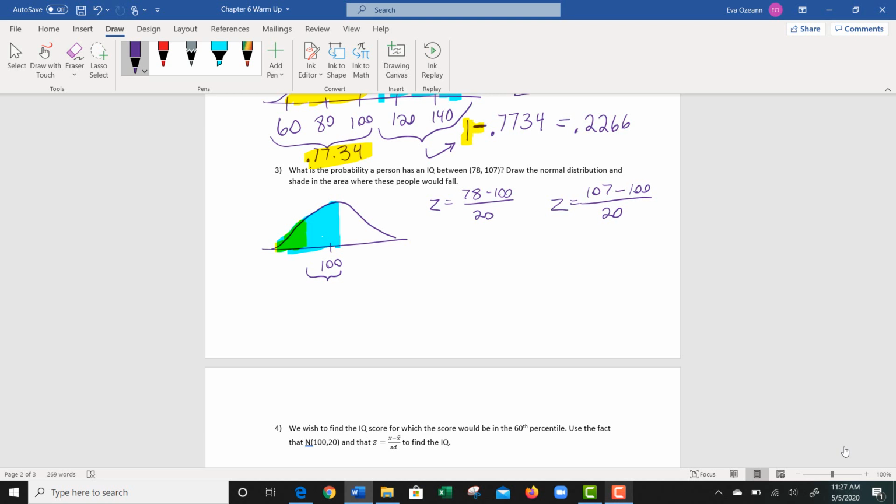So my apologies. We're going to find the z-score for both of these. Once we find the z-score for both of them, we get a z-score of negative 1.1 for this one, and for the other one, we get a z-score of 0.35. Now, after you find the z-scores, you're going to find the probabilities straight from the table. We're not going to subtract them from 1 or anything like that.